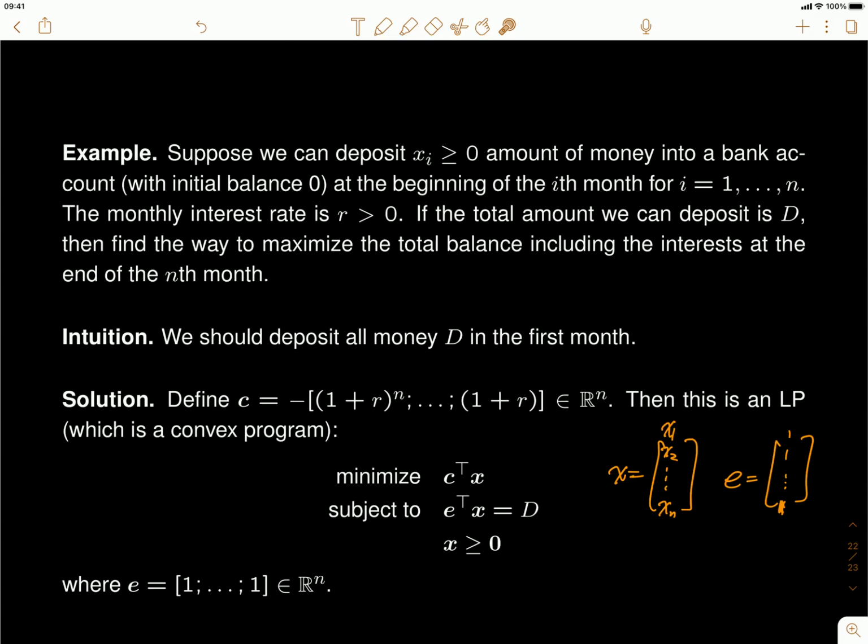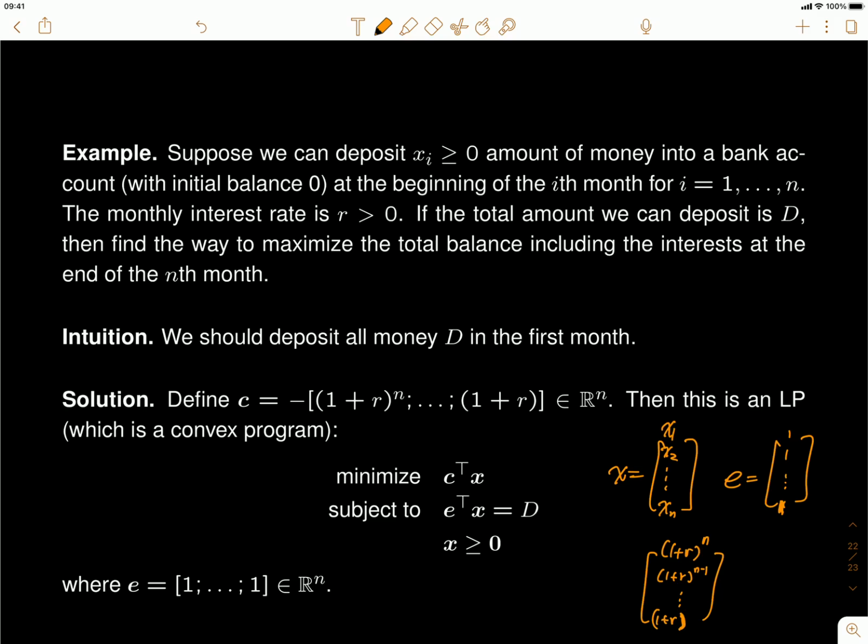Okay? And what we're trying to maximize is the inner product of this x and this vector, which is 1 plus r to the power n, 1 plus r to the power n minus 1, all the way to 1 plus r to the power 1, which is 1 plus r itself.